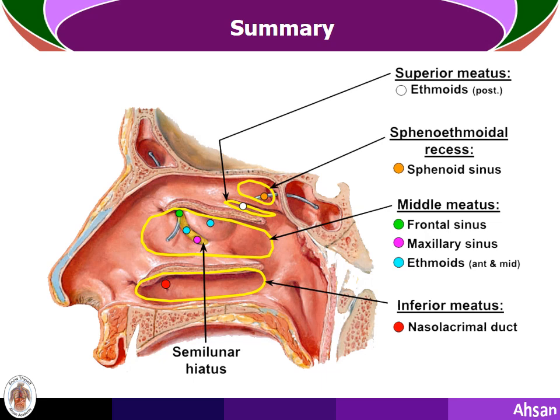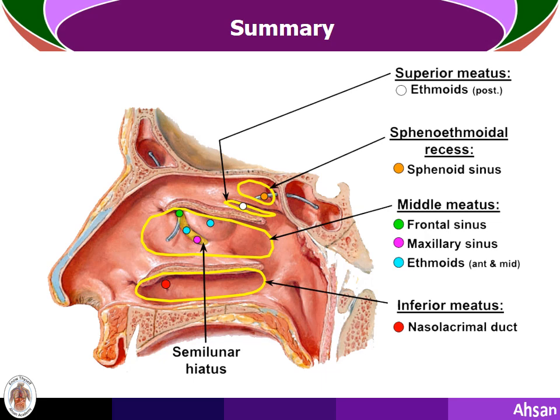The middle meatus is most important because most of the openings are present here. The middle part has a rounded elevation. This is known as the bulla ethmoidalis, and a groove is partly surrounding it. This is known as the semilunar hiatus. On the summit of the bulla ethmoidalis, you will get the ethmoidal sinus opening.